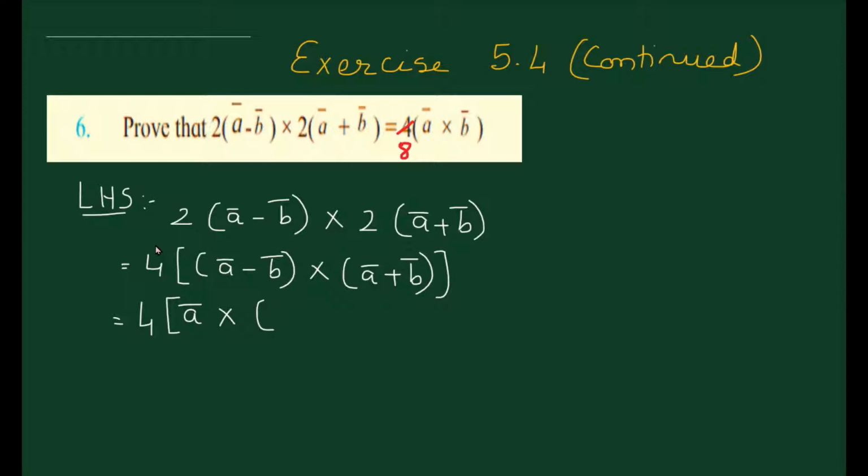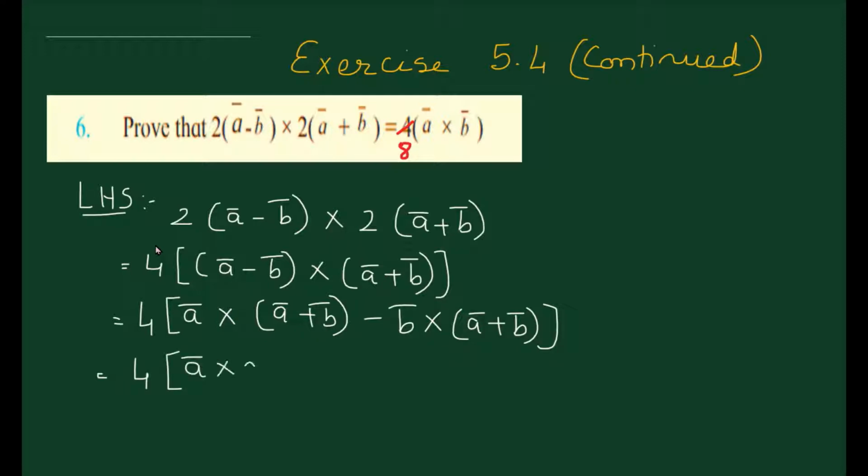So a cross (a plus b) minus b cross (a plus b), which gives us, upon finding the cross product, a cross a plus a cross b minus b cross a minus b cross b.